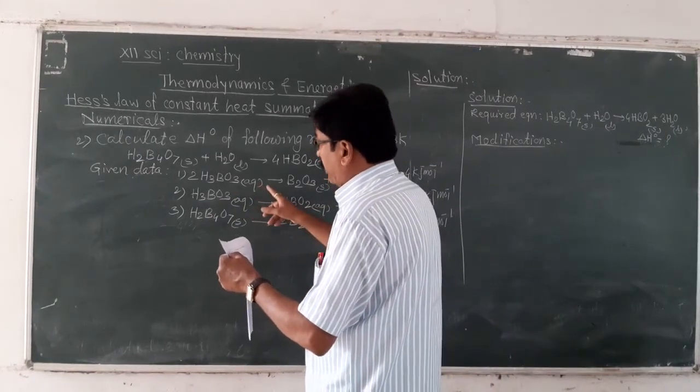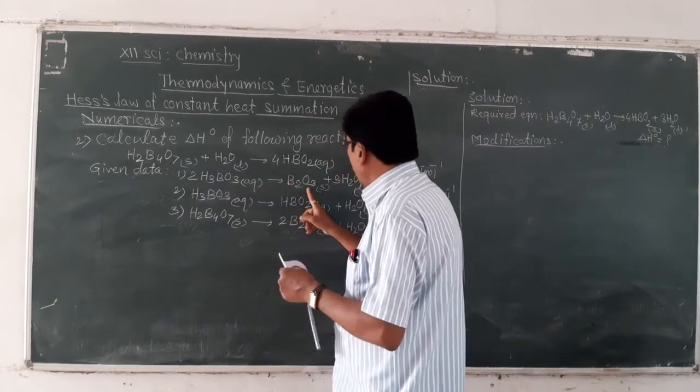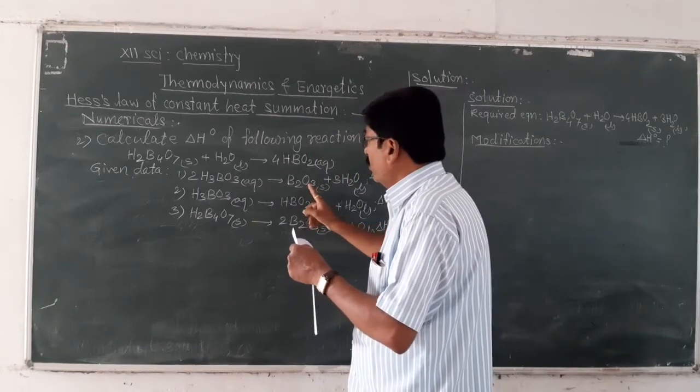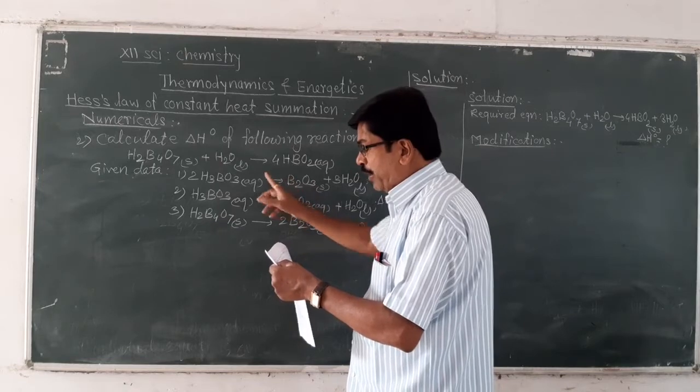Now for the first equation, we have to reverse it and multiply it by 2.